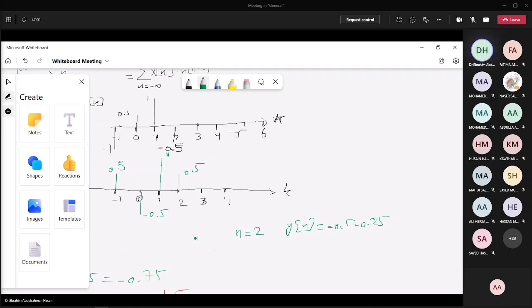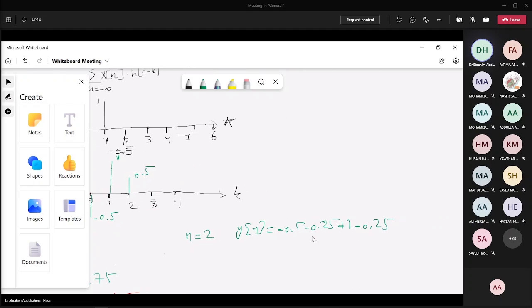Then here 1 multiplied by 1, so plus 1. Here minus 0.5 multiplied by 0.5, minus 0.25, which is minus 0.5 minus 0.5 plus 1, so then it is equal to 0.